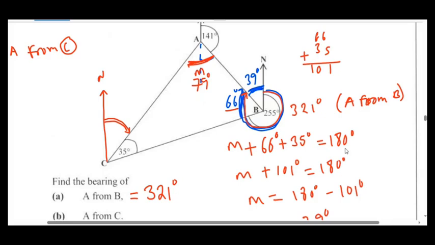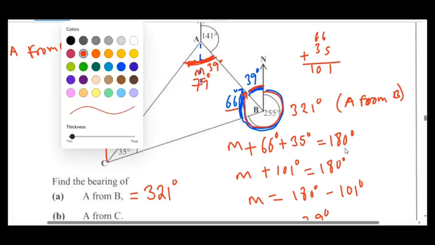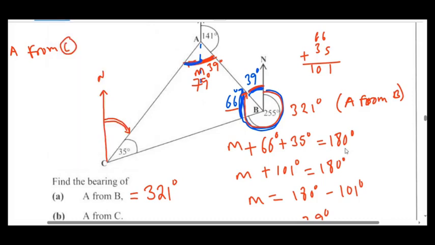Now if you remember, at first I did mention that the angle which is right here is alternating to the angle which is right here after you cut through. So just on this part alone, you can say we can have 39 degrees, but the entire angle is 79.